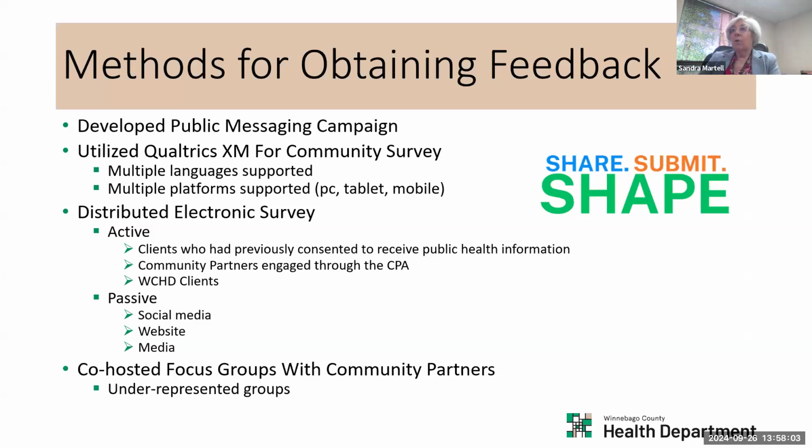We did active outreach to clients who had previously consented to receive public health information, but we also used our community partners. From our CPA, we asked for their support in distributing it to their clients, so that we had a trusted partner spreading the word.